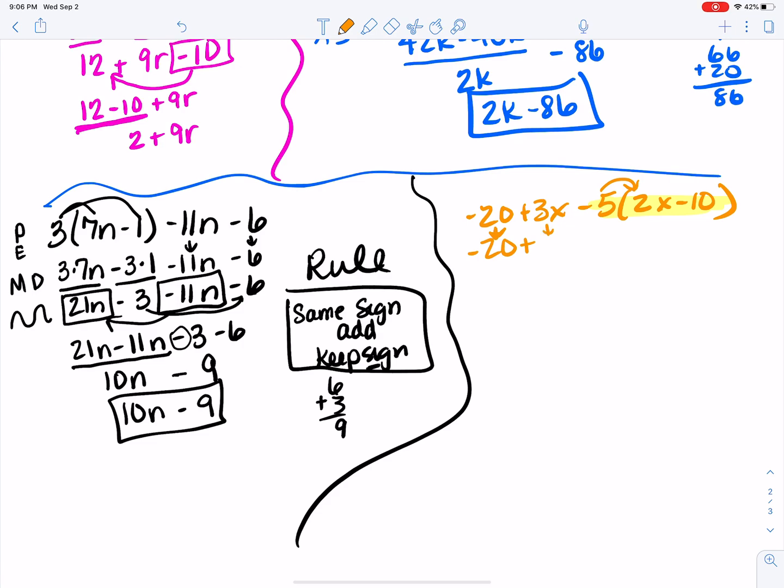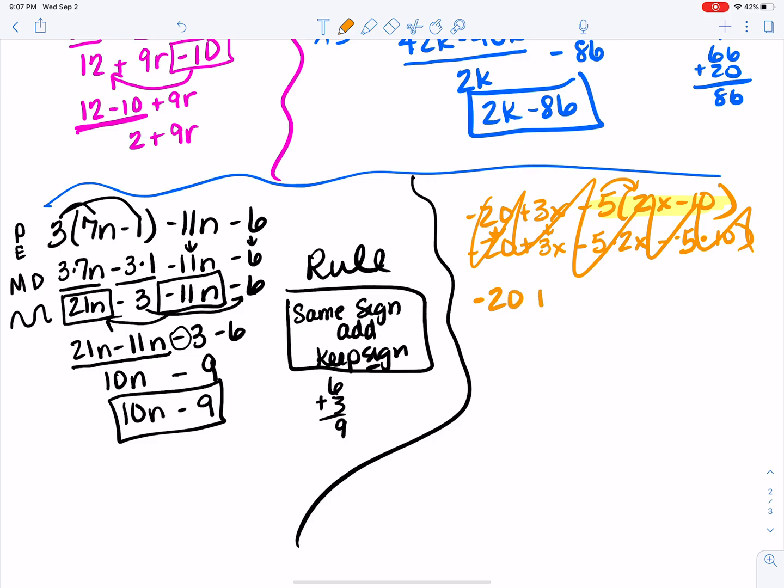Plus 3x minus 5 times 2x minus 5 times 10. That one's a little complicated. We're going to hold off on that one because I have an addition. So let's change that problem.